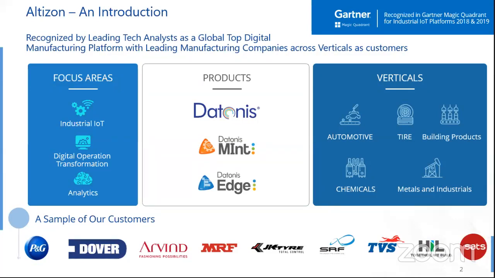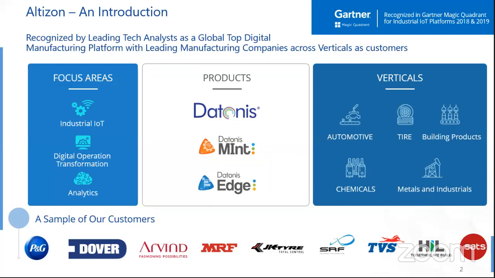Quickly cutting to the chase, an introduction about Altizon. I think this slide captures a lot of what we wanted to say. Altizon, as an IIoT platform, was born in 2013 and was recognized in 2018 and 2019 by Gartner in their Magic Quadrant as one of the top 10 IIoT platforms across the globe.